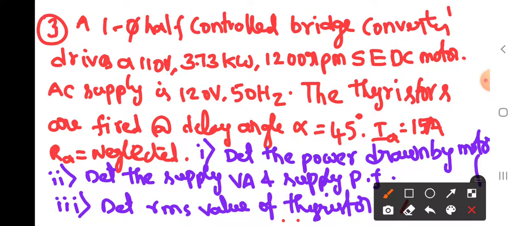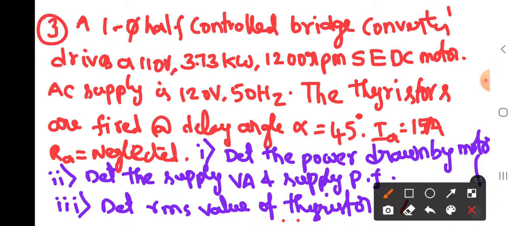Armature current is given, there is no armature resistance, and the converter is lossless. So we need to find three things: first, the power drawn by the motor; second, the supply volt amps, that means apparent power, and supply power factor; and third, the RMS value of thyristor current and diode current. So we'll find all those things.